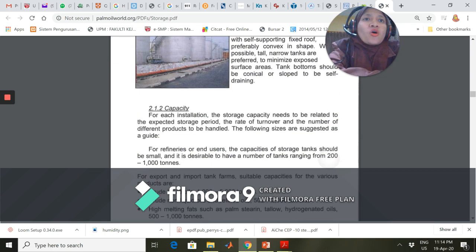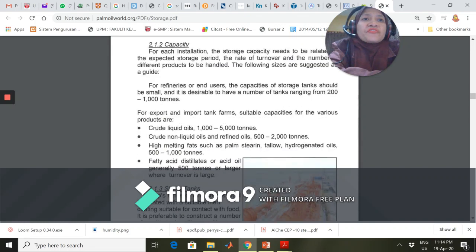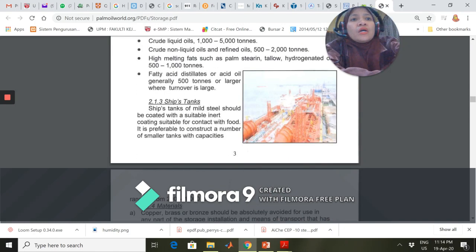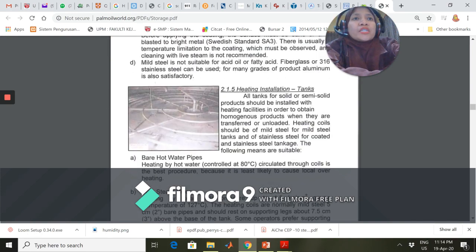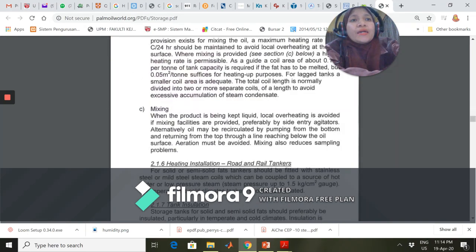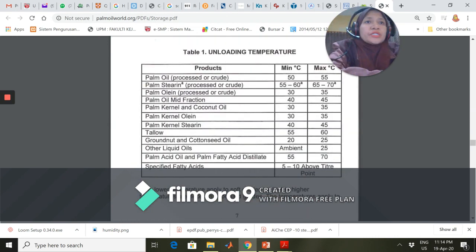It says that the capacity of a storage tank should be small, and it's desirable to have a number of tanks ranging from 2,000 to 1,000 tons. They also provide information on the material for the construction of the tank, and some properties data of the palm oil.